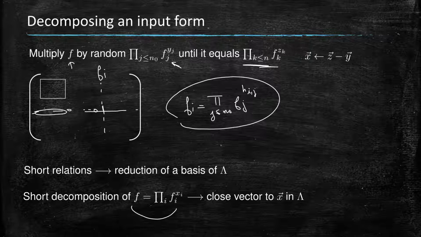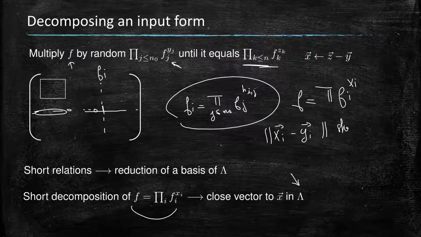Once we have a decomposition, what we want is a vector that is close to it in the lattice. So let's assume that we have, for example, f equals the product of the fi's to the xi, and then let's say that xi minus yi is short for yi in the lattice of relations.